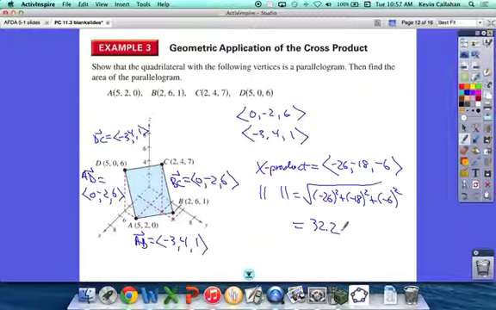Right? So that's the area of a parallelogram.